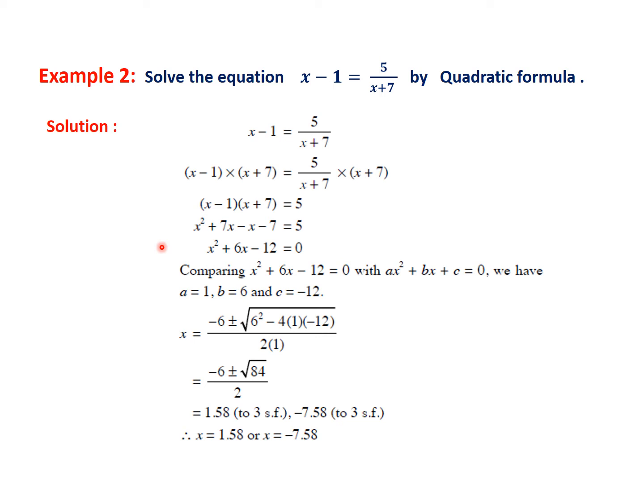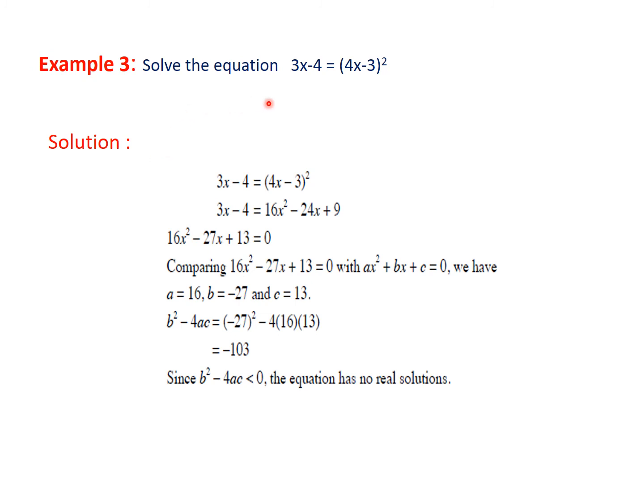Now comparing A, B and C, here we find A is 1, B is 6 and C is minus 12. We write these values of A, B, C in quadratic formula and simplify these to get this as answer. These are two answers for this example, up to 2 decimal places.